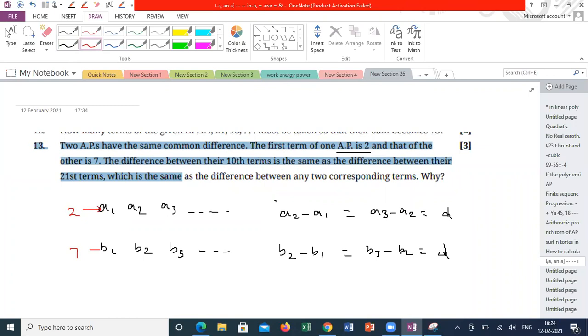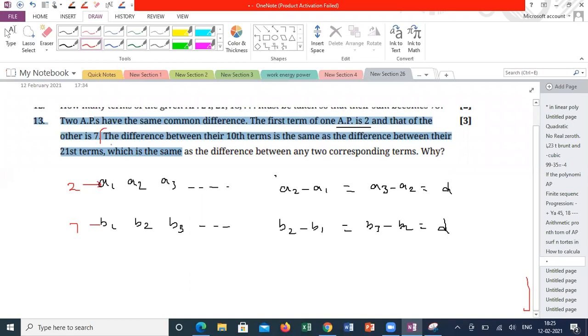What is this meaning, guys? What is this meaning? The difference between their 10th terms is the same as the difference between their 21st terms.